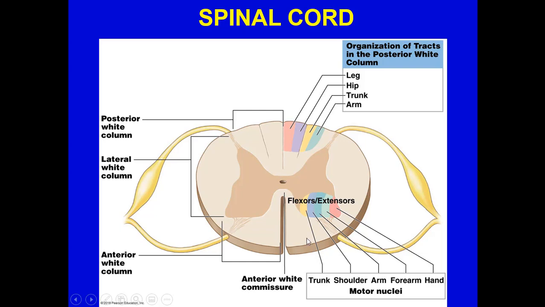And the motor nuclei include the trunk, the shoulder, the arm, the forearm, and the hand. This is the organization of tracts in the posterior white column, though. Okay? We've been dealing with motor nuclei. Now we're going to deal with the white column. So here you have leg, hip, trunk, and arm.